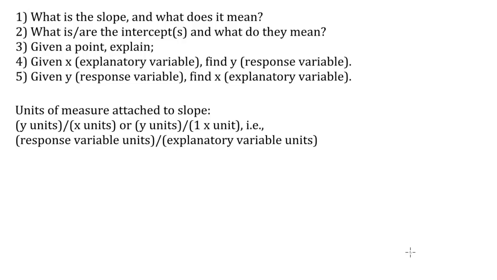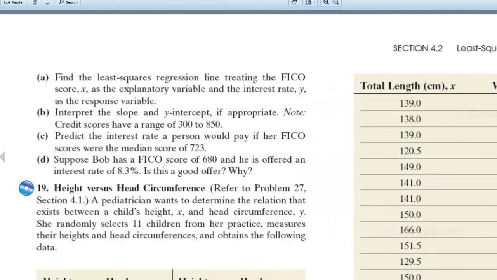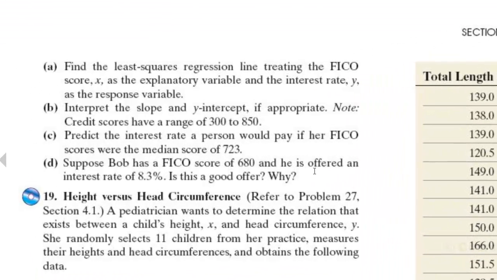It will always be asked in the context of the problem, just as it was here. When you read that, what we're expecting you to do is say, interest rate, that's a Y value. FICO score, that's an X value. They're giving me an X value, and they want me to find the corresponding Y value.